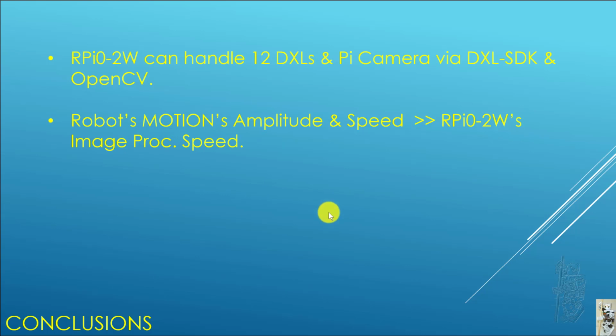So that's kind of the issue. If you happen to have a small wheeled robot, the RPi0 can probably work with it. Or maybe you have an arm and you move it slowly, not like this robot, it probably would do it.